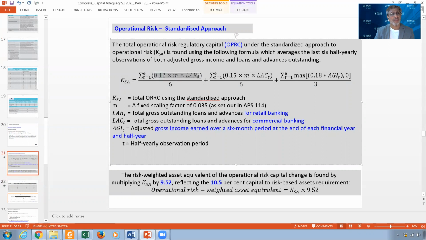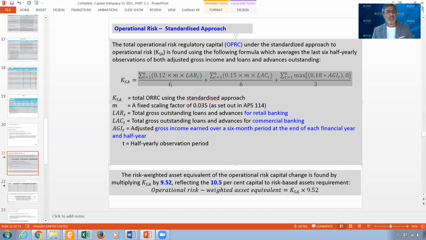This will be given. So you have to take this is 12% for the retail banking, 15%. You have to use it for all banks, the same thing, 15% for commercial banking and 18% for retail banking. But you cannot use one period. You have to take 6 periods of semi-annual. So to follow this, you have to bring all this data for 3 years and 6 months, okay?